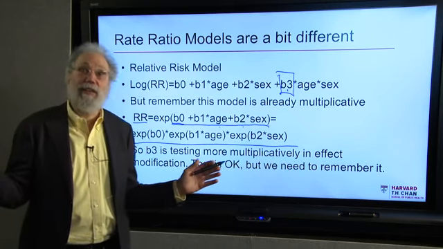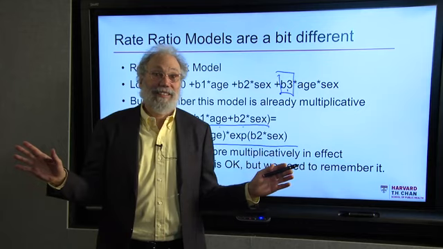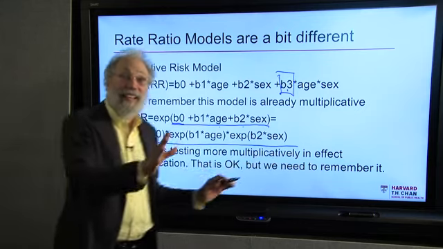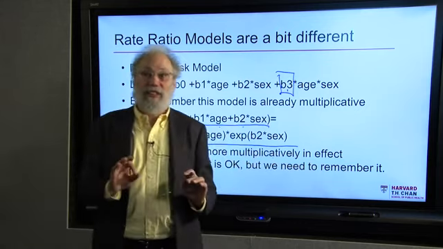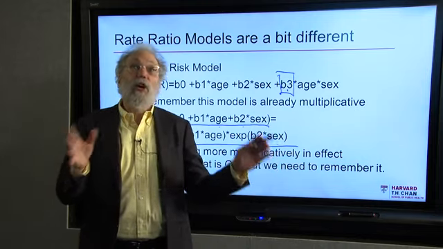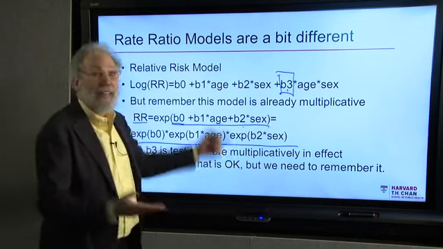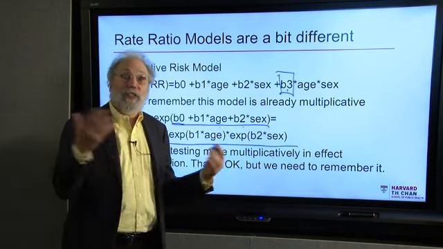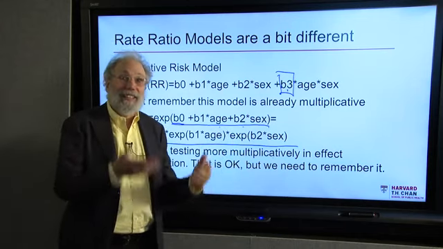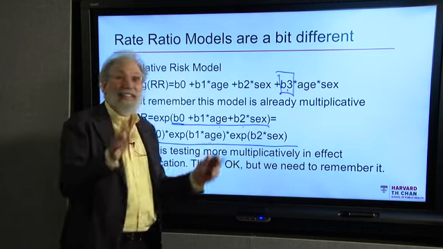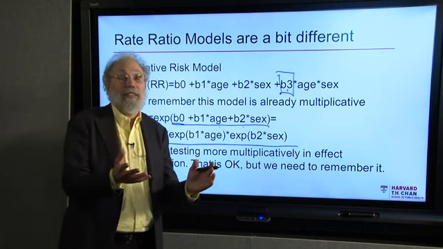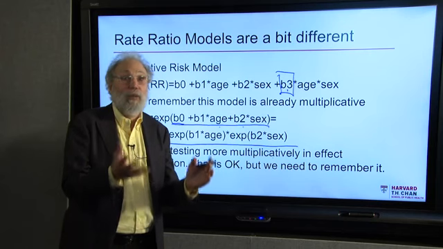And that's a fine question to ask. We just need to understand that it's a slightly different question than we were asking with the same term in a linear model. And the same thing is going to apply for a logistic regression, because that's more complicated even, but it's certainly got multiplicativity in it as well. Okay?